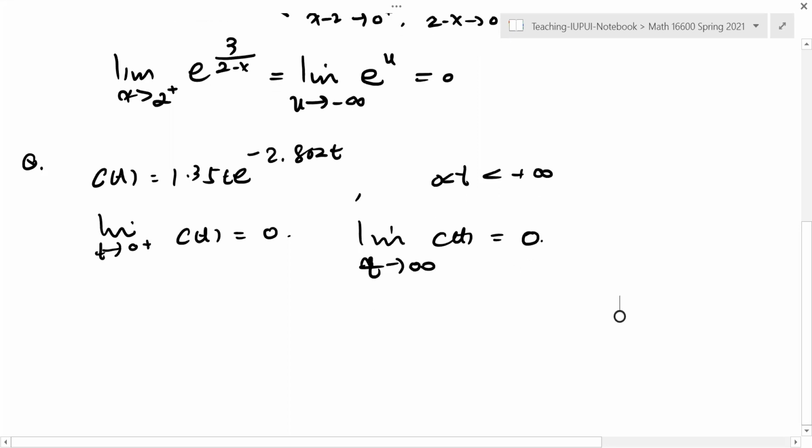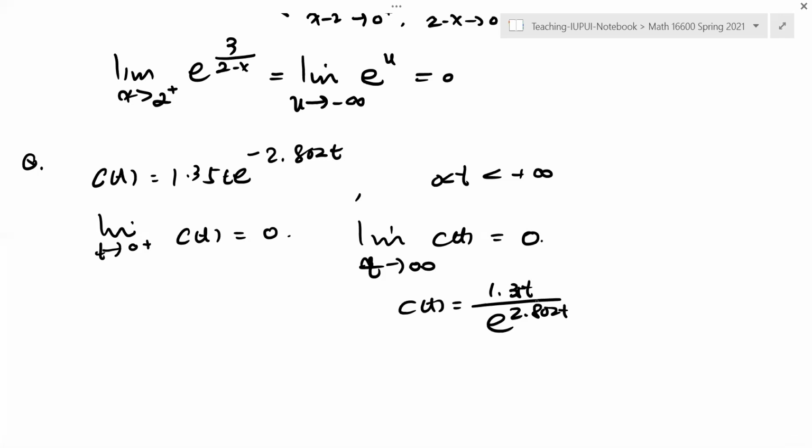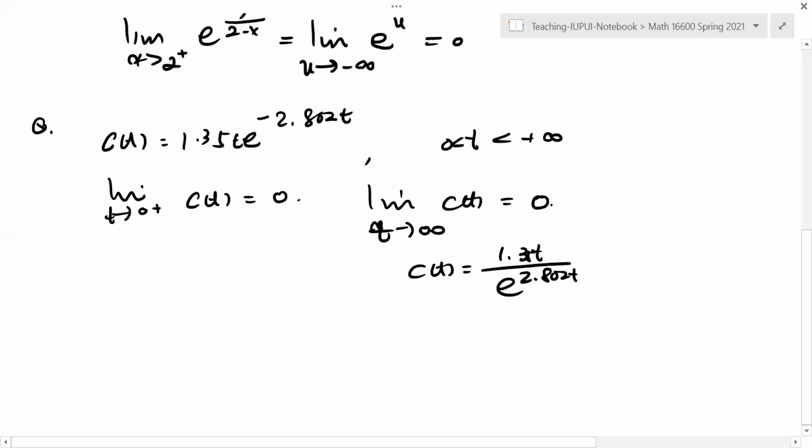Why? The function is 1.35 t, but the denominator is e to the 2.802 t. The denominator grows exponentially, the numerator just linearly, so the quotient approaches 0.